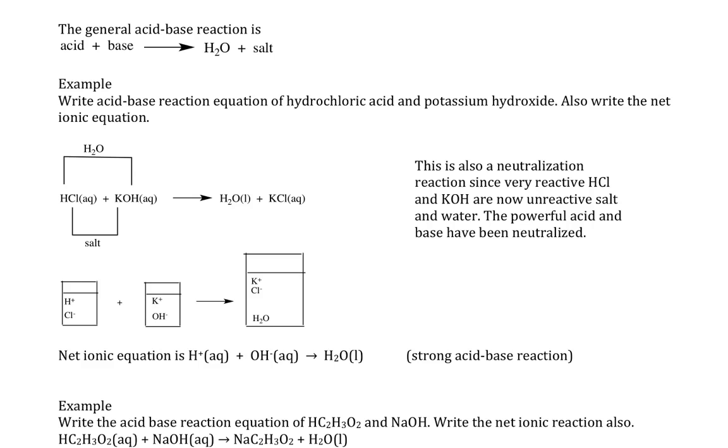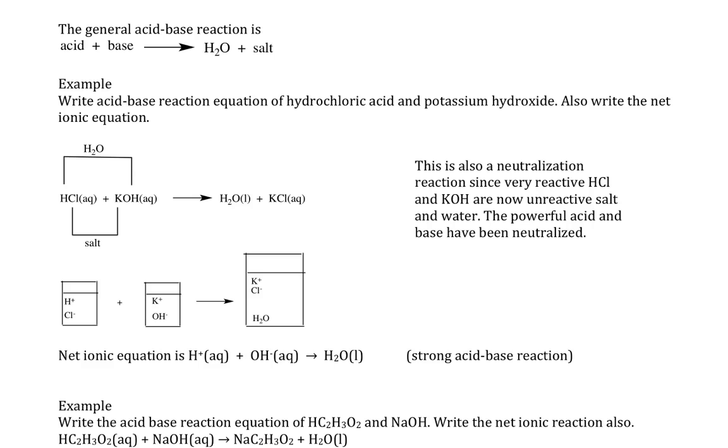The H+ and the OH- combine to give us liquid water, and the K+ and the Cl- combine to give us KCl. If we look at the solubility rules, we'll see that KCl is aqueous. This reaction is also called a neutralization reaction, since very reactive HCl and KOH are now unreactive salt and water. The powerful acid and base have been neutralized.